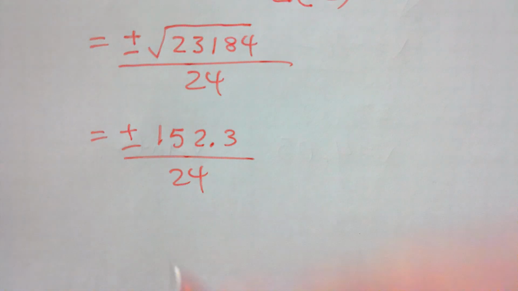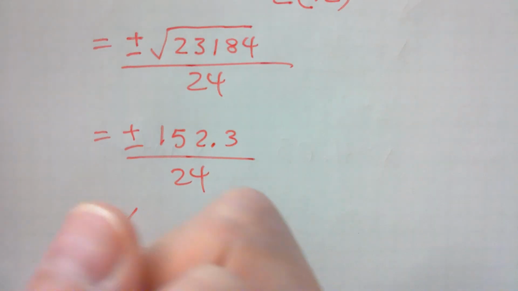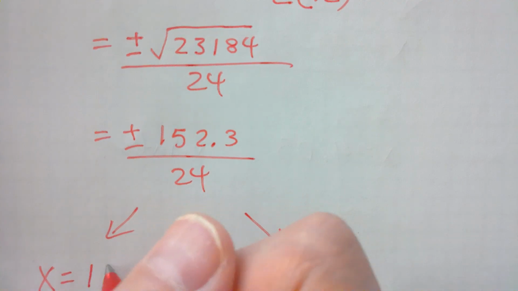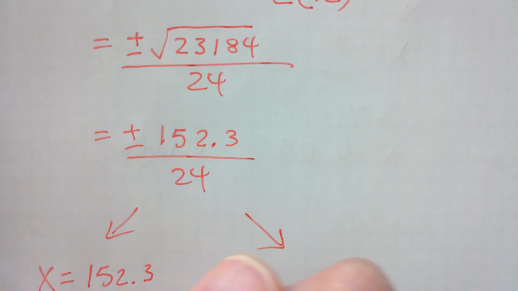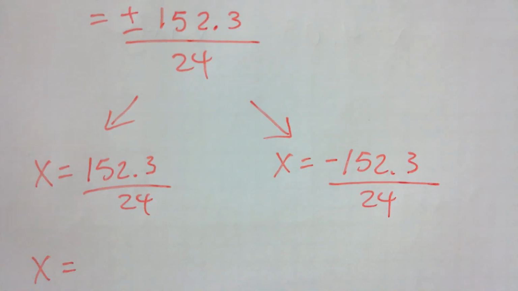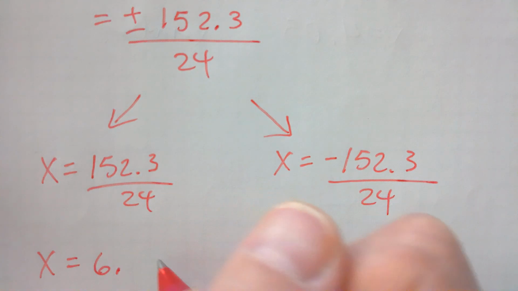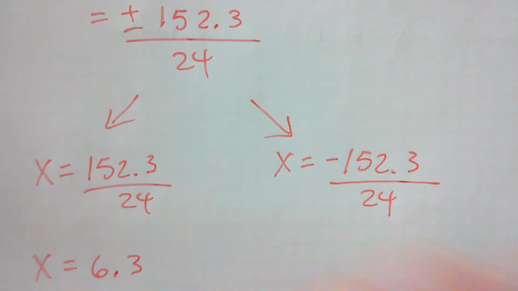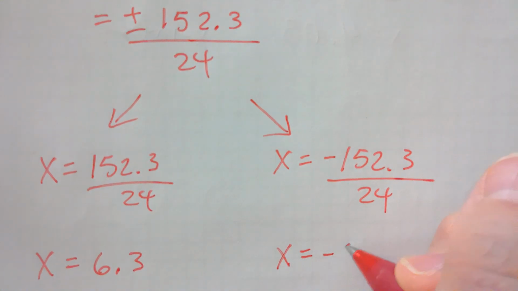Okay, so your two answers, x equals positive 152.3 divided by 24, and the other is negative 152.3 over 24. Divided by 24, I get 6.3, and the other I get negative 6.3.